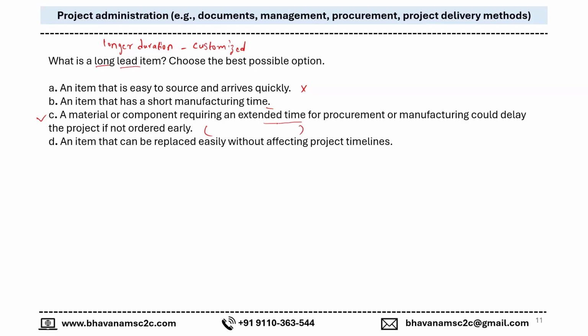And sometimes even though you order it on time, there will be delay because of lack of material or something like that. We also saw these kinds of things during COVID, especially if it is not a locally available material and has to come from across borders. A long lead item is going to be painful for a contractor or the project management in completing certain activities.